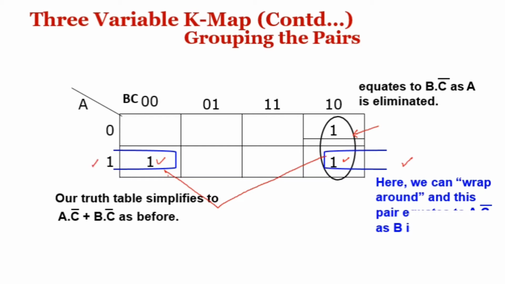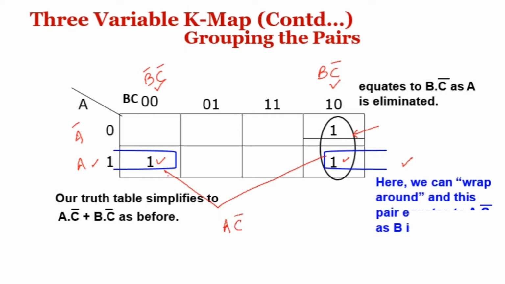That means a can have two values, a bar and a. So from this second row I am having a. The columns involved are this one and this one, that means B bar C bar and B C bar. The common term between these two columns is C bar. So I can place a C bar here.